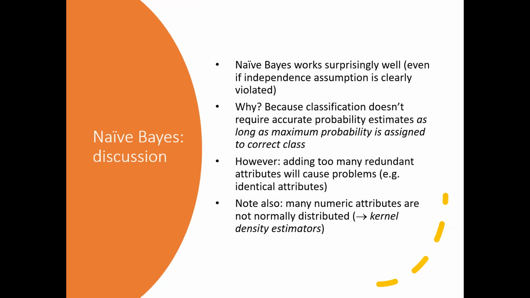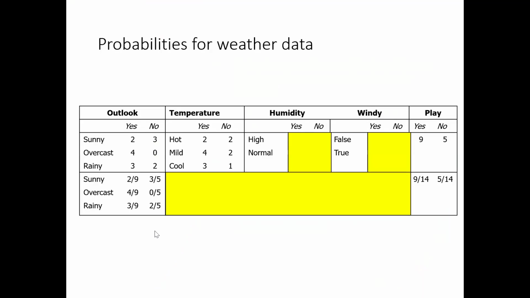So the model for naive Bayes is a simple probability table, something like this. In this table, we will notice that for each attribute, we count the number of times the particular attribute value appears.